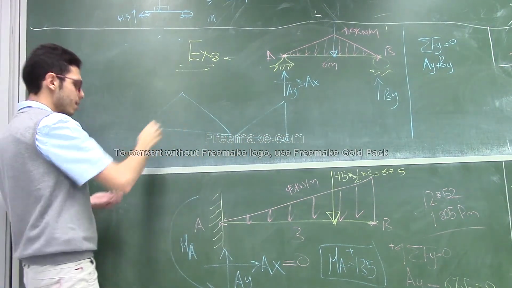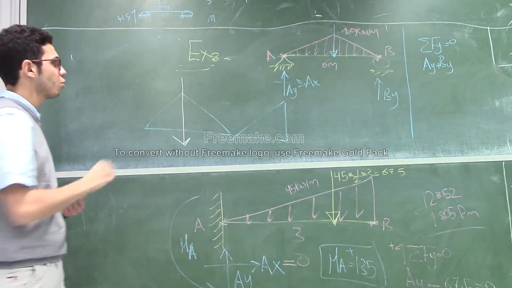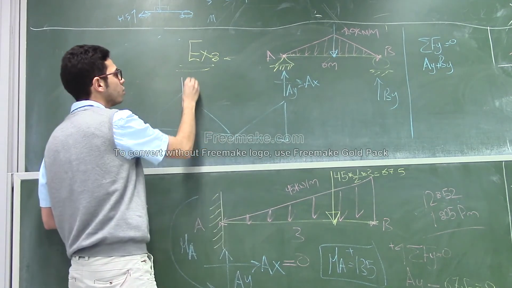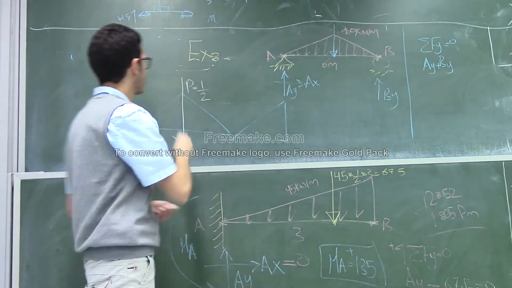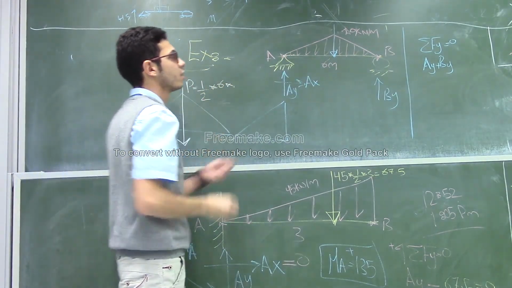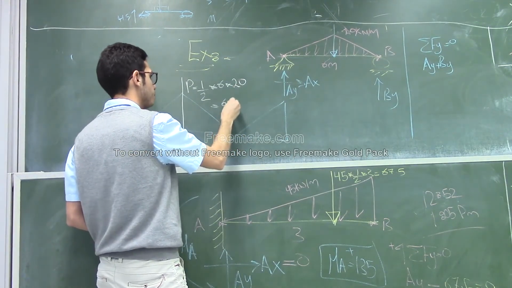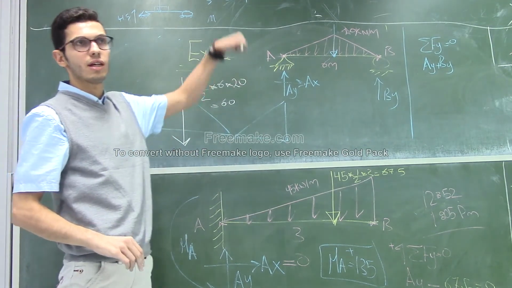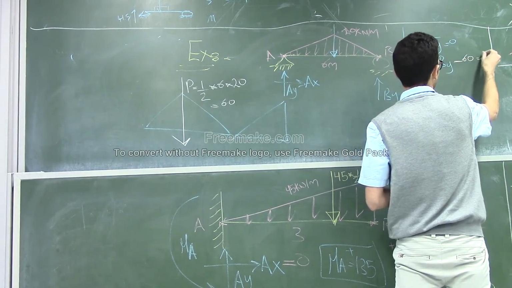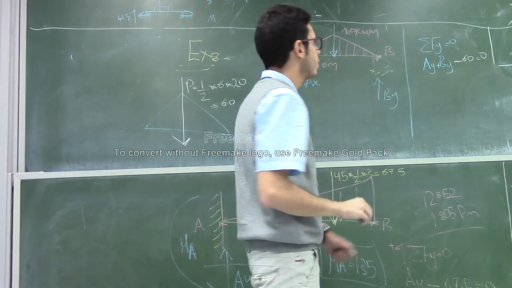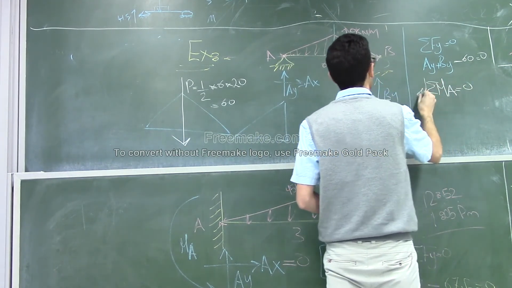So P here is equal to half multiplied by the base, which is 6, multiplied by the height, which is 20, and this is equal to 60. So 60 down, minus 60 equal to 0. Now, applying the summation of the moment at A equal to 0.